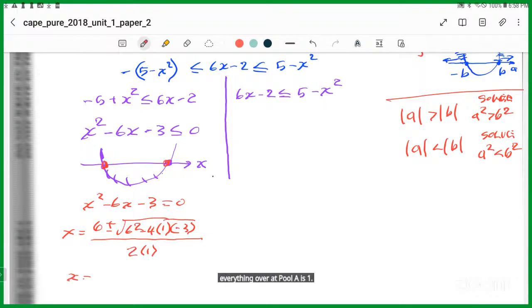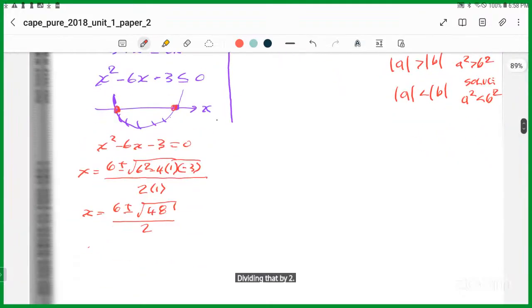So x equals 6 plus or minus the square root of, what is it, 36 plus 12, which is 48. And dividing that by 2.